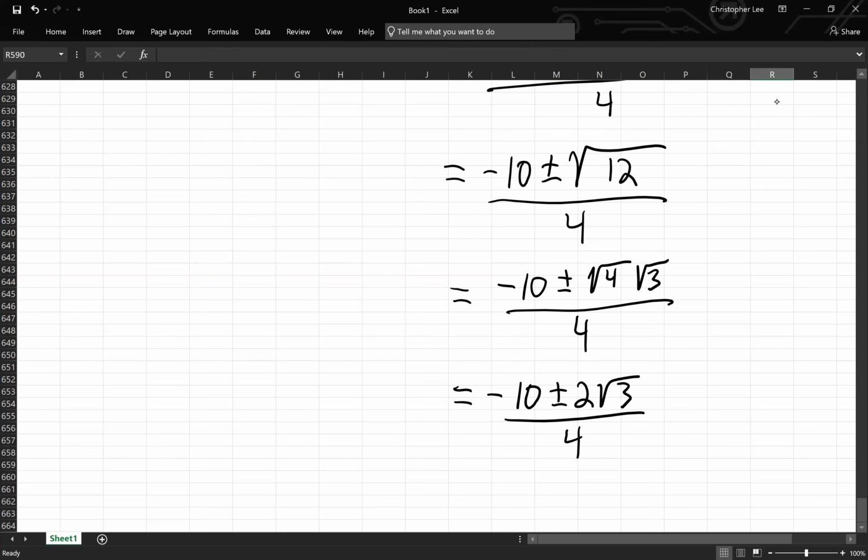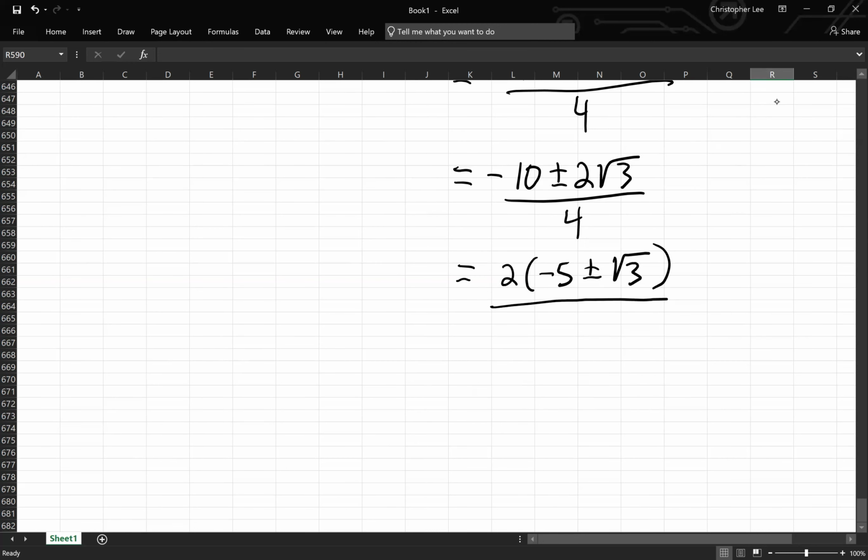Let's factor out a 2 at the top, right? So let's call this 2 times negative 5 plus or minus square root 3, all over 2 times 2. Cancel these out. Final answer, negative 5 plus or minus square root 3 over 2.